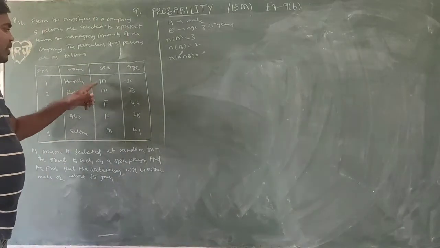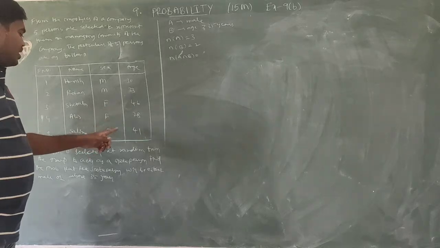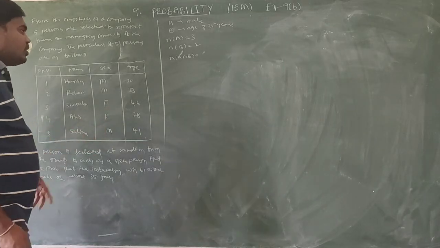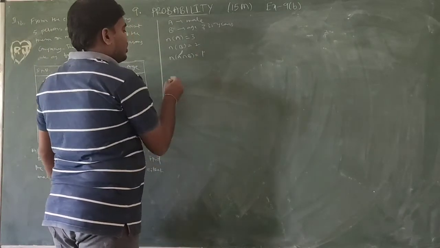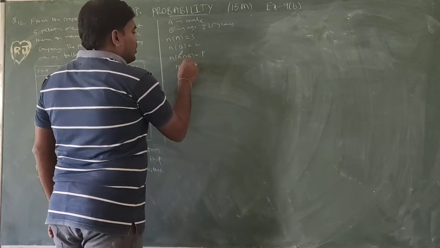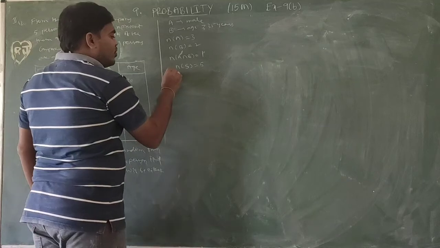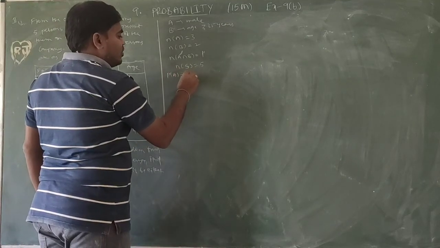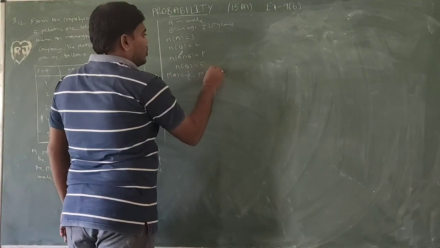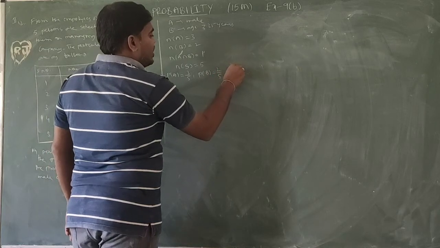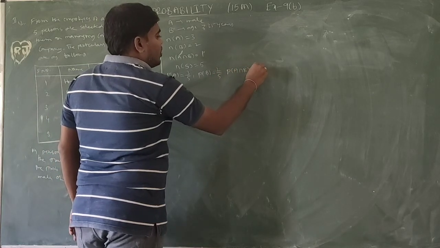Among males, age greater than 35 is only 1, that is Salim. So the number of persons is 1. N of S, total persons equal to 5. So P of A equal to N of A by N of S, 3 by 5. P of B equal to 2 by 5. P of A intersection B equal to 1 by 5, dividing with N of S.